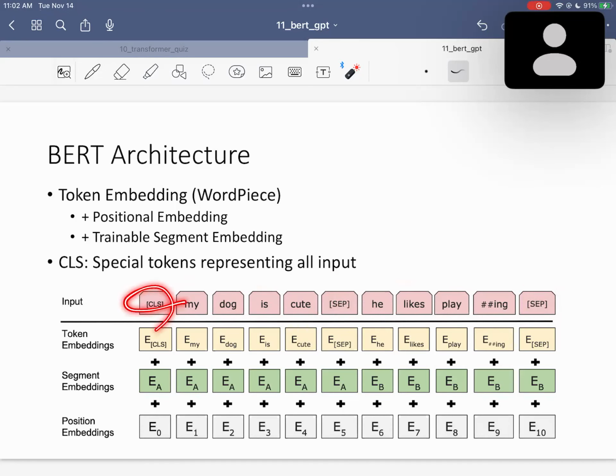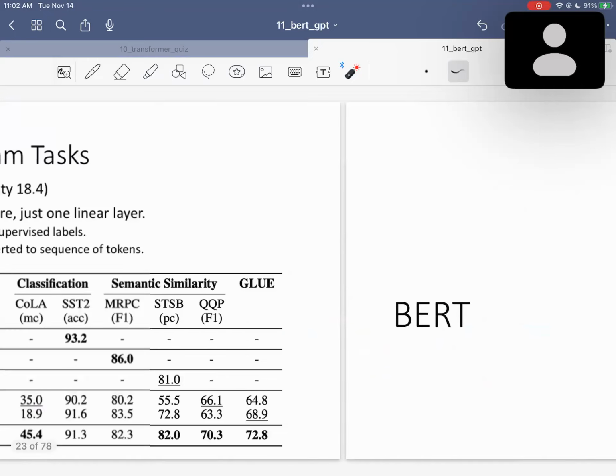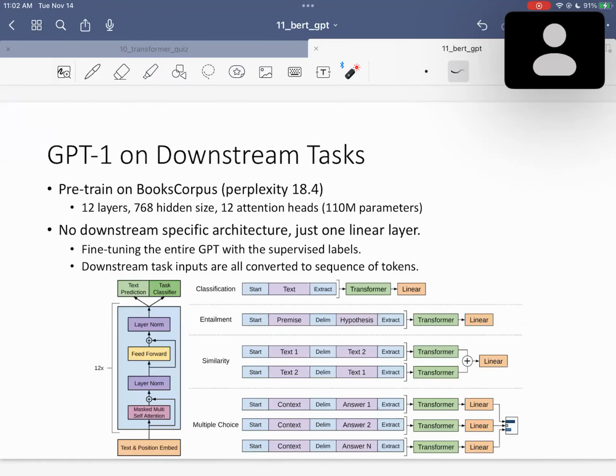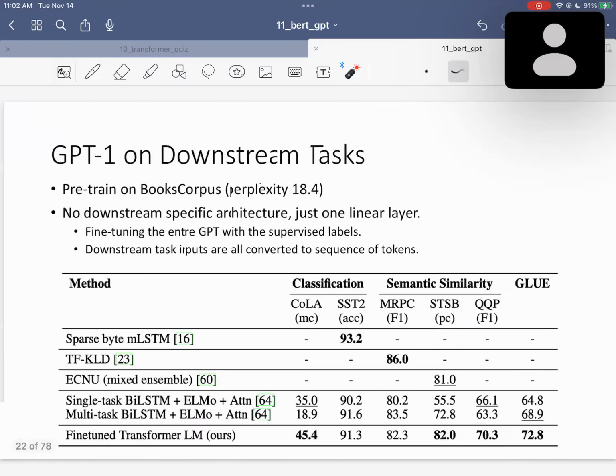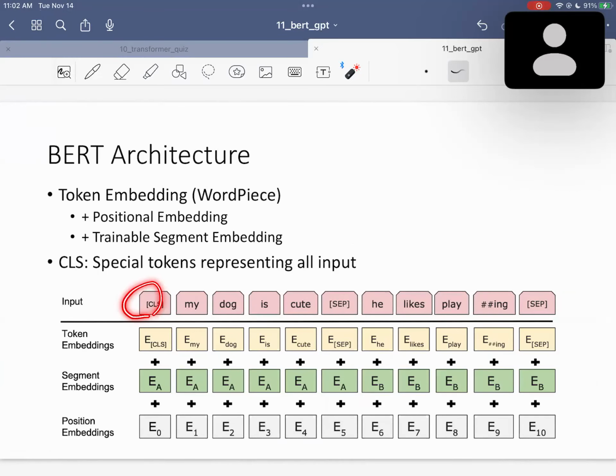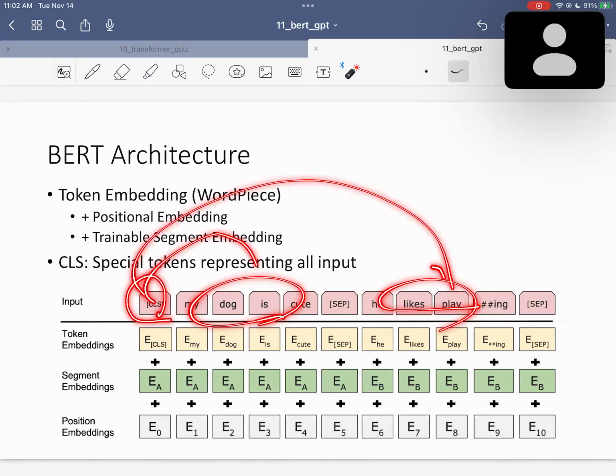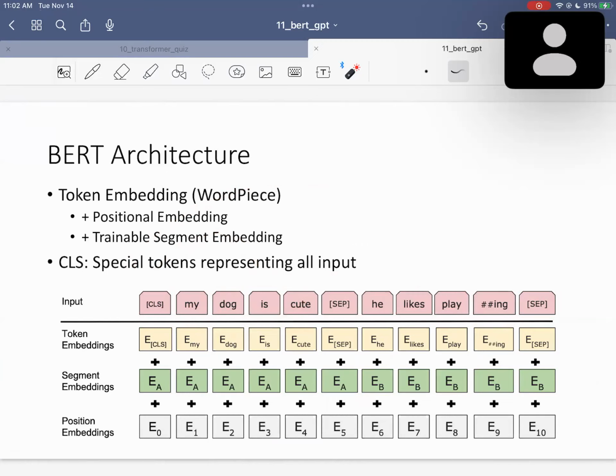The CLS token is like the extract token from GPT. The CLS token represents all the inputs here, so both sentences at the same time. It will be used in a manner that represents those two sentences. You will see what I mean. And how they're put into the transformer: obviously you need token embeddings, the lookup tables, and then there's position embedding, but there's another thing called segment embedding.